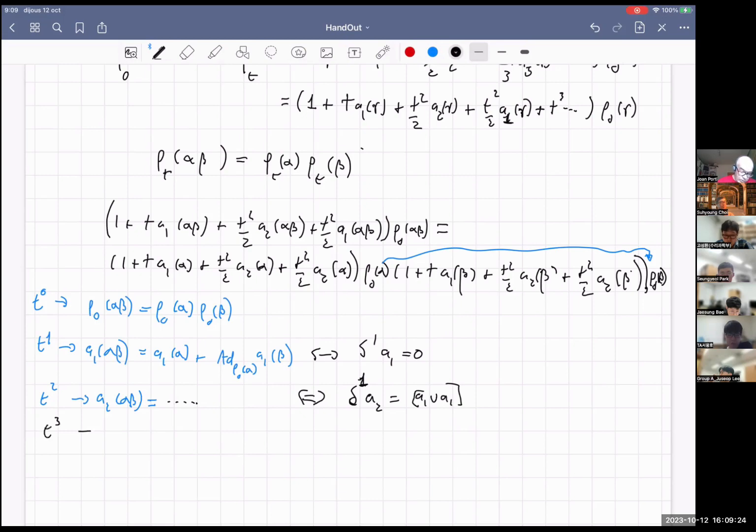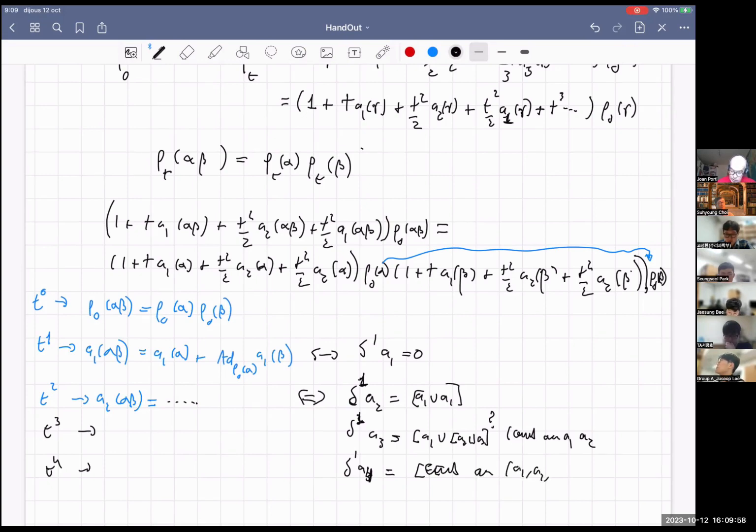I could continue and I would get delta one always, A3 equals something like A1, A2, some combination on A1, A2. Delta one of A4 with T equals 4 will be the coboundary of some combination on A1, A2, A3.